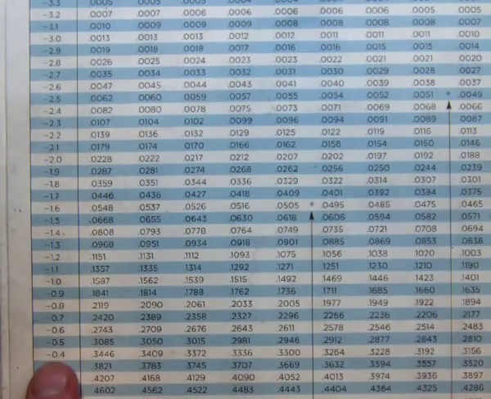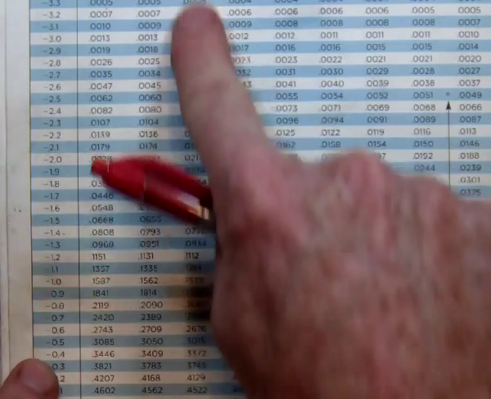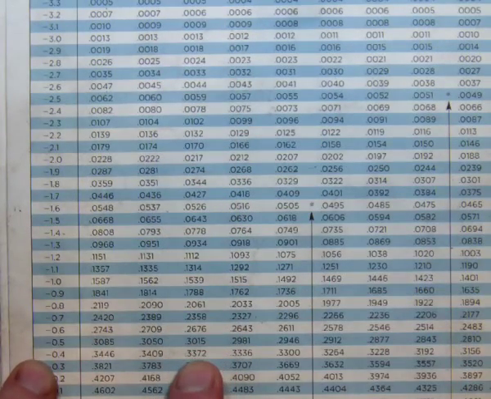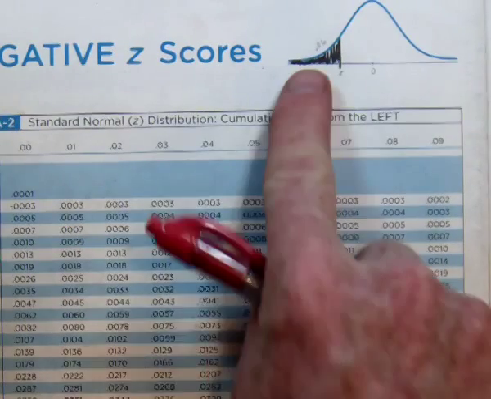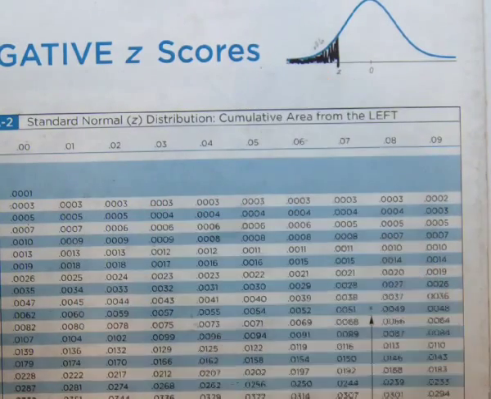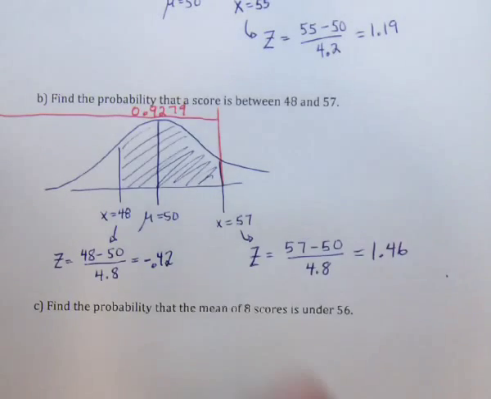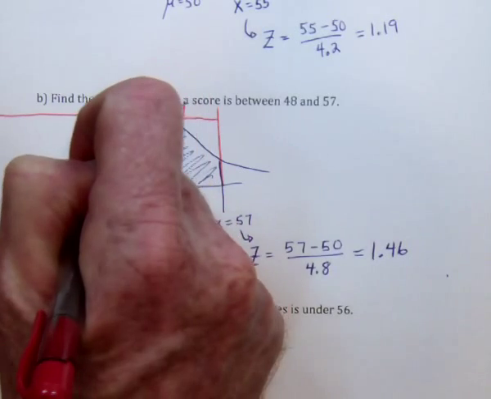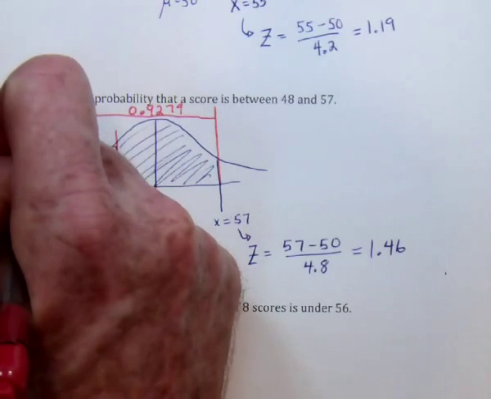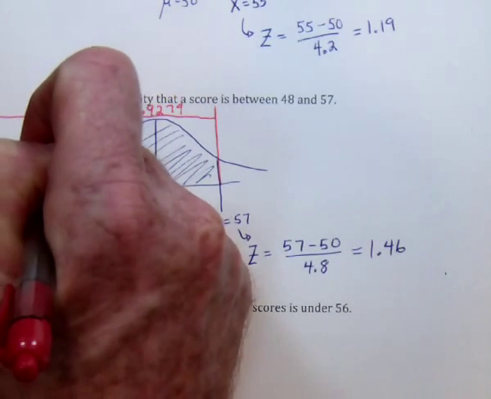Here it is, negative 0.4, and then 2 would be this column. Those two meet at 33.72. And this is telling you it's to the left of that, that's 33.72. So if you go from this line to the left, that's going to be 0.3372.